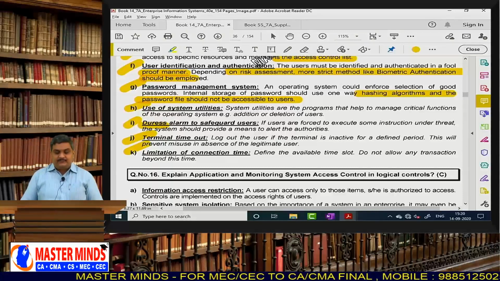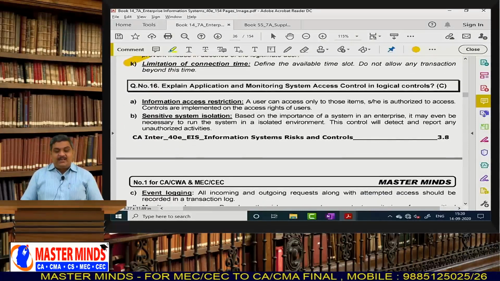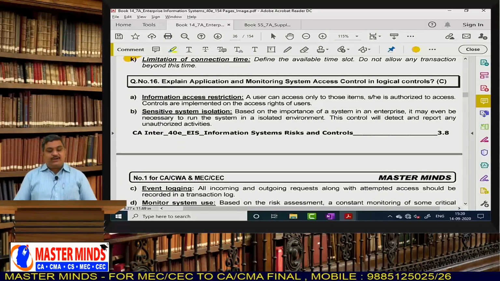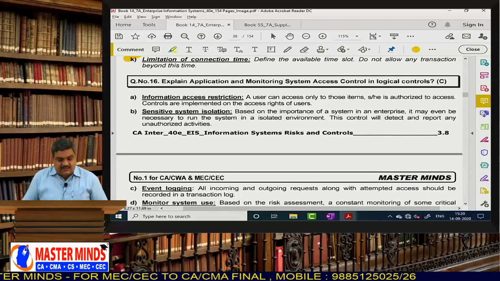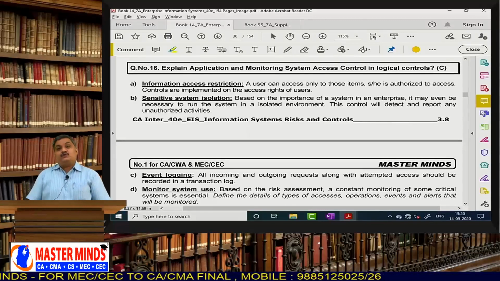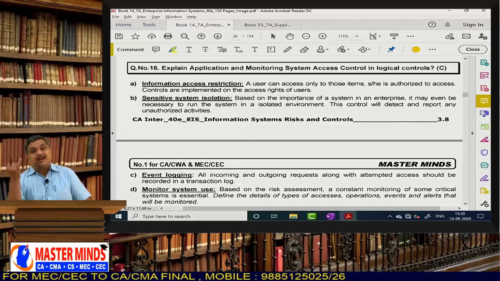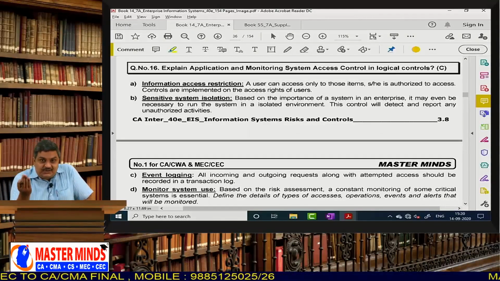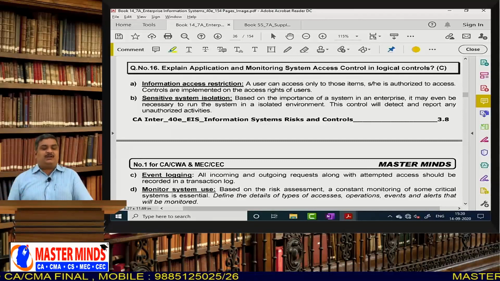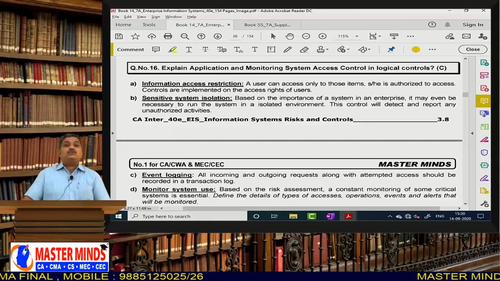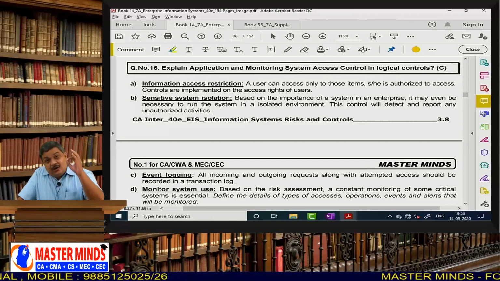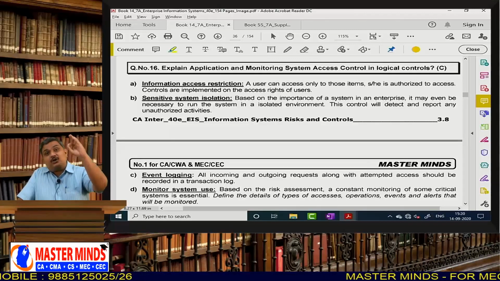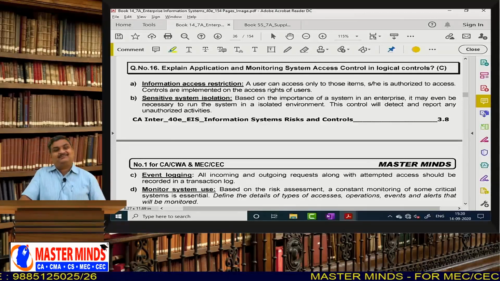And again, application and monitoring system access control. That means, so far we have seen user access management, network access management, and operating system access management in logical controls. And we also should have an eye on the applications that are being opened by the people.